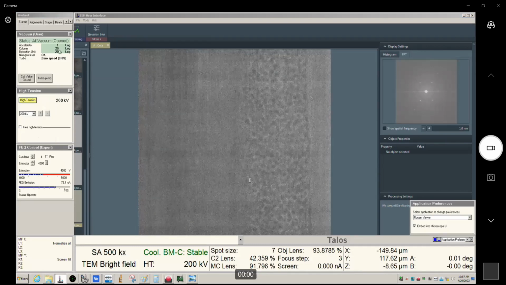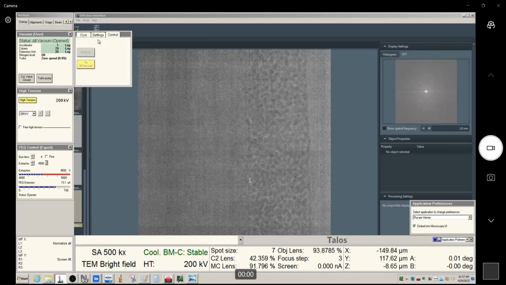Normally this is down around 10 or lower. We have a malfunction right now that's preventing this from getting low. Normally this is in the low 10 to the -7 range. But it's still good enough to run. So it's around the 10 to the -7 range, right? Yes. Okay, sounds good.